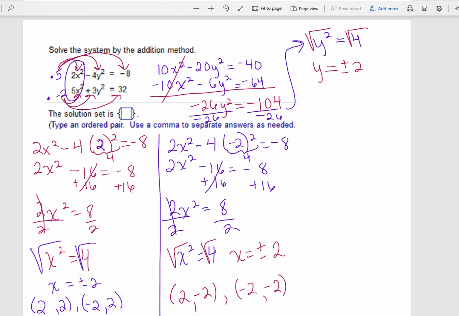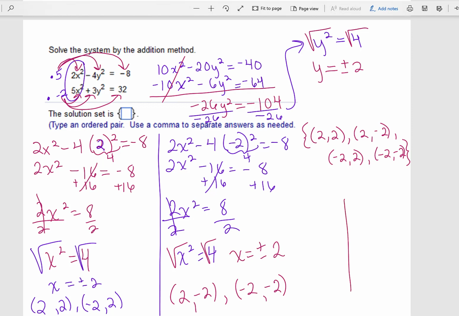My solution set would be all of them. I have positive 2, 2, positive 2, negative 2, negative 2, positive 2, and negative 2, negative 2. Be careful, because that can definitely be confusing.